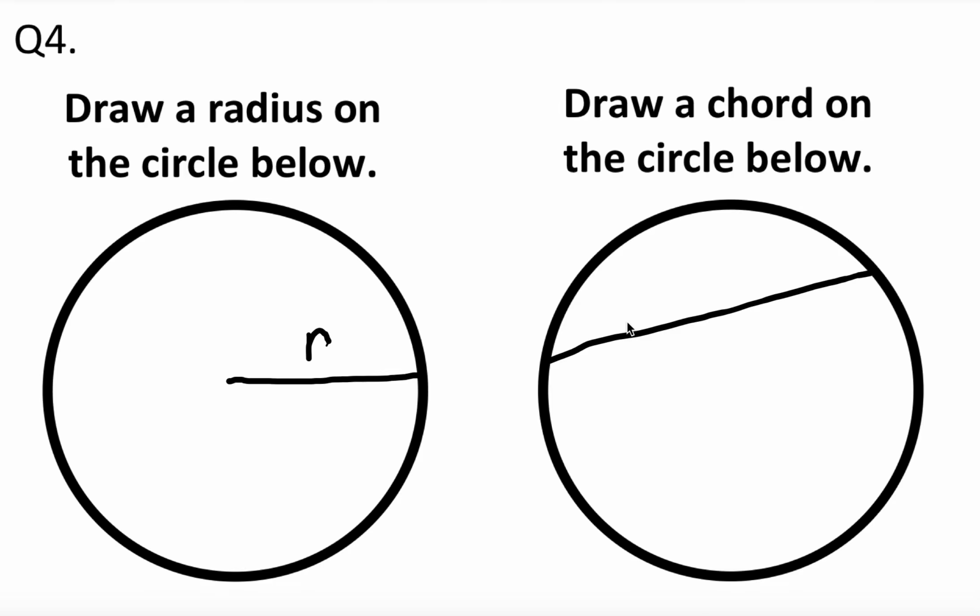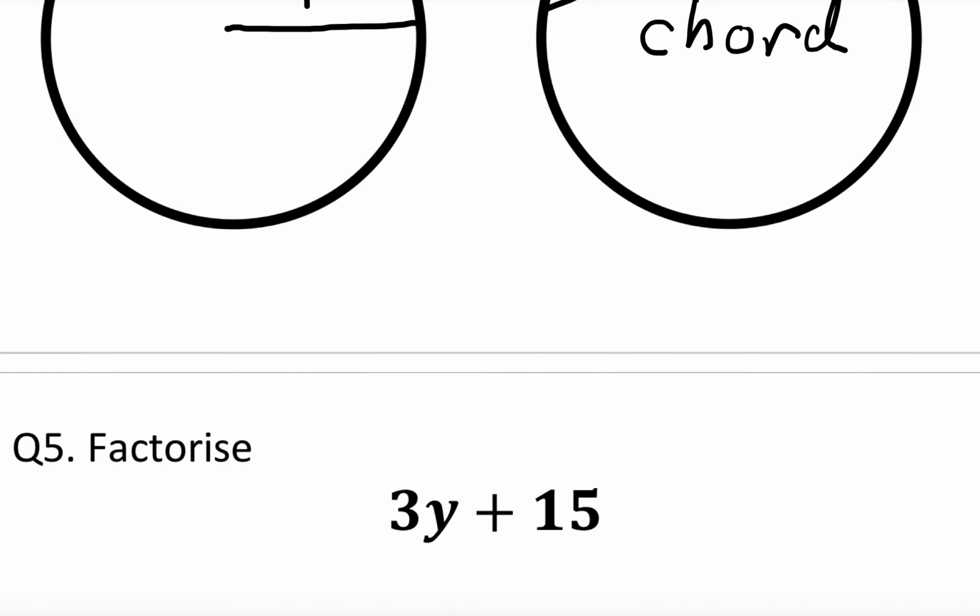So that's your chord, and that's your circumference. Again, something to look at, circles and how they work. So let's just write chord in there. That's your chord. Not a music chord, but a chord in a circle.